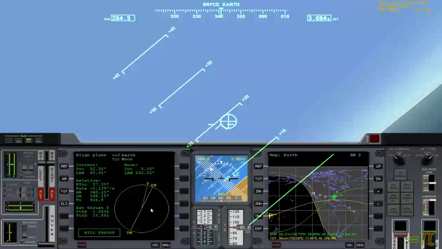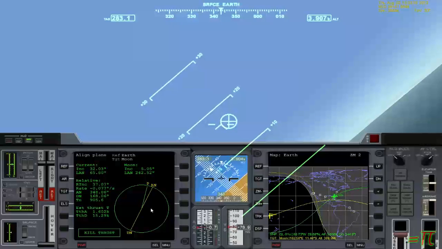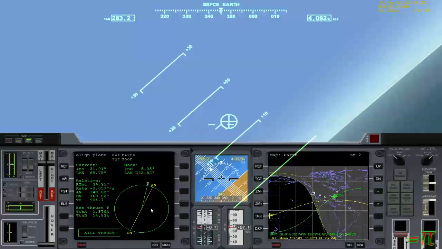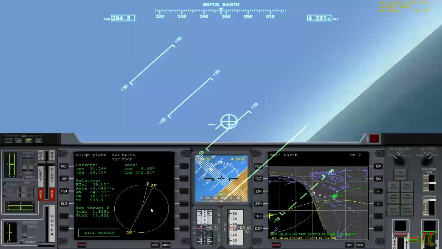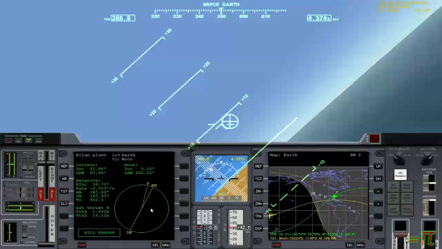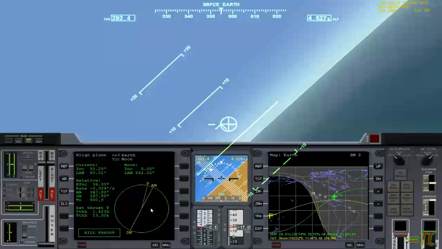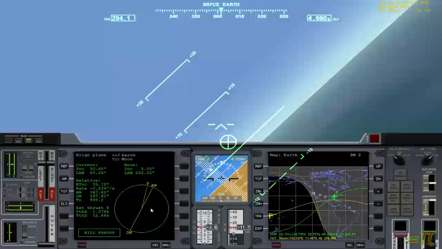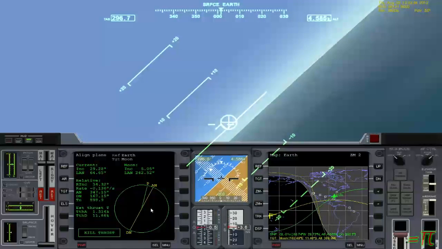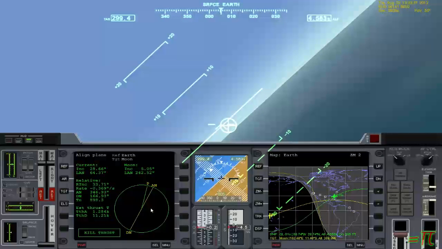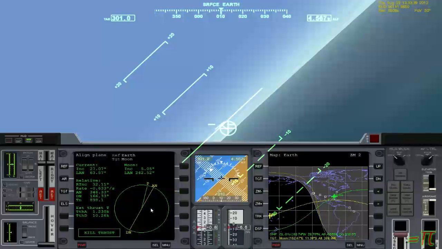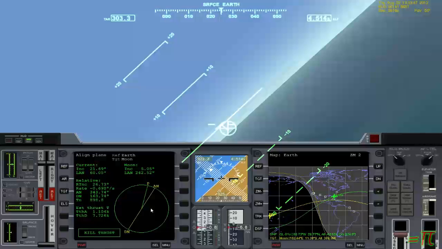Ease off on the main engines a little bit. Heading of 90 degrees, we'll level out, straighten, and pitch up into a climb.